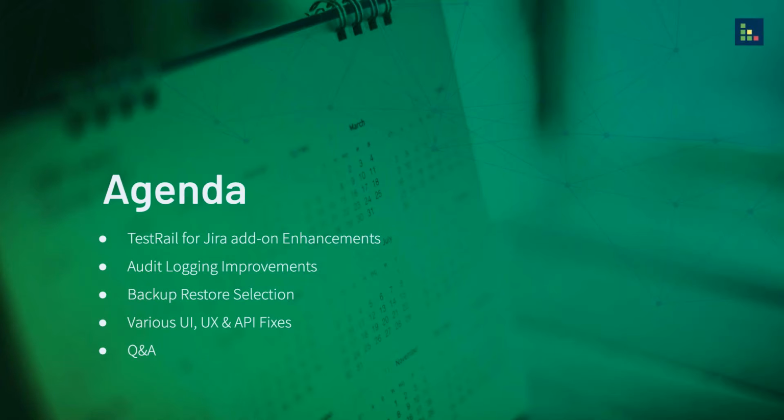So we're going to cover off all of the main bigger features that we introduced with that release: the Jira Add-On and integration enhancements, the improvements that we made to our enterprise audit logging, and also the backup controls for enterprise cloud customers, and then some of the other fixes and quality of life improvements that we included with the TestRail 6.1 release also.